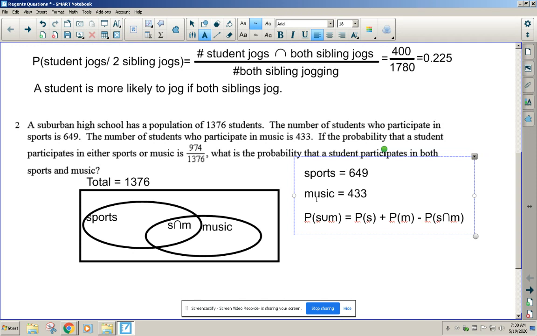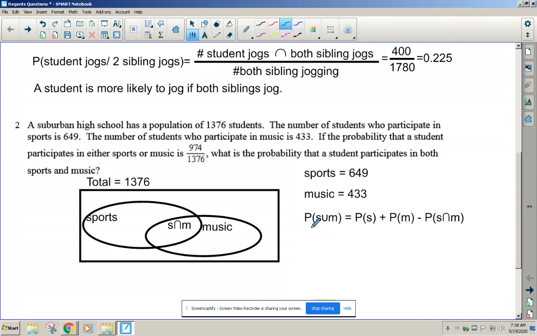The first is they tell me that the probability that a student participates in either sports or music is 974 out of 1,376. So now I have 974 out of 1,376.